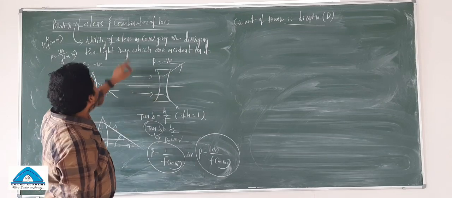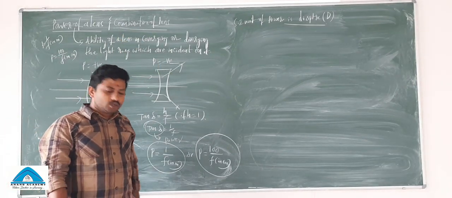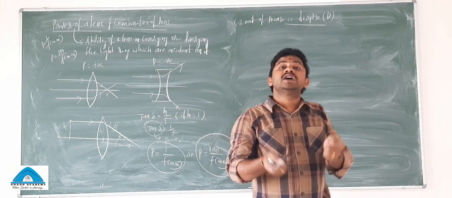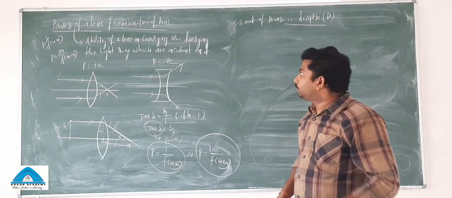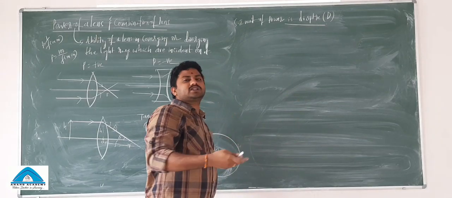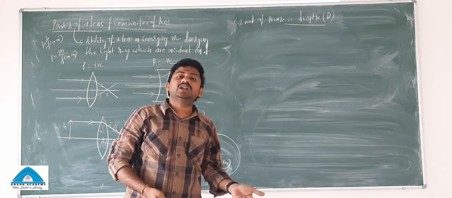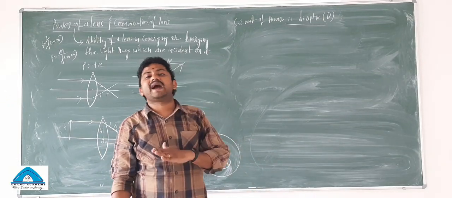Now, let's concentrate on the other part called combination of the lens. Whatever and wherever the derivations are required and important, we are going to do it. Now, in the combination of lens, you know what exactly the combination of lens is? We have discussed equiconvex lens, equiconcave lens, biconvex lens and biconcave lens.